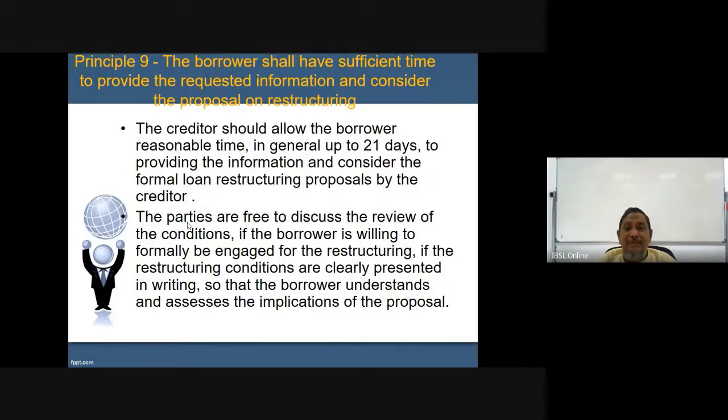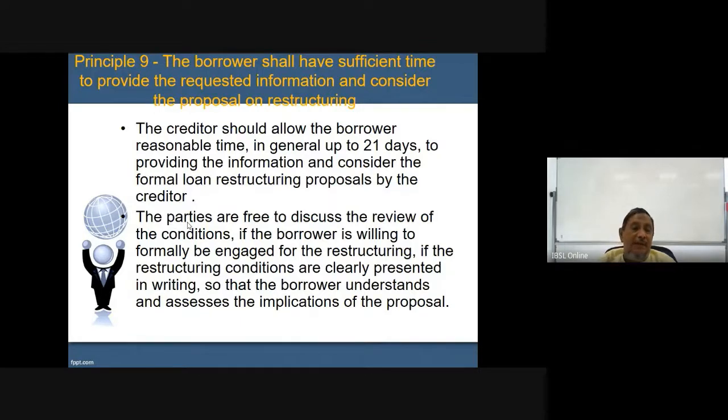The parties are free to discuss the review of conditions. The borrower is willing to formally be engaged for the restructuring, if the restructuring conditions are clearly presented in writing, so that the borrower understands and assesses the implication of the proposal.